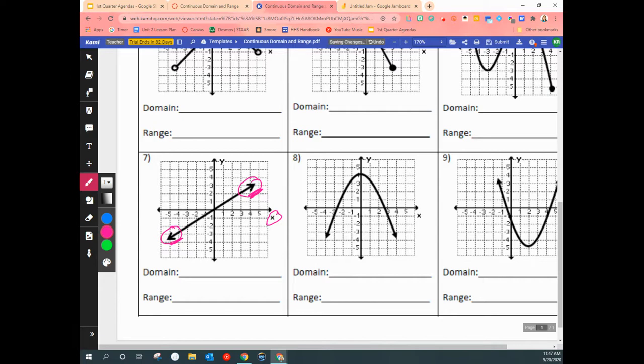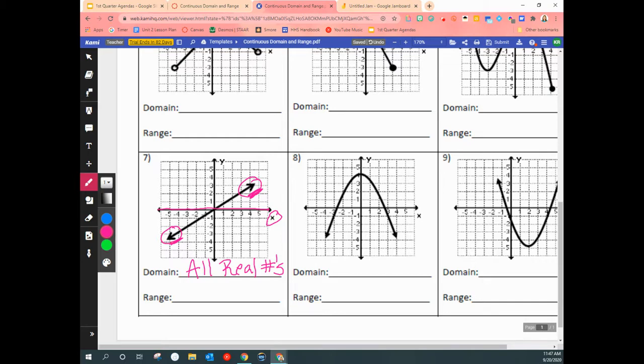So when I see arrows on both ends from left to right, that's domain, left and right. That's my x values. I call this all real numbers. I'm going to use the number sign, the hashtag symbol, for numbers. You can write out the word numbers if you want: all real numbers.